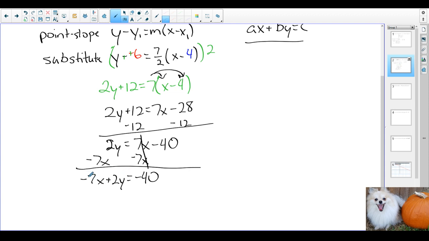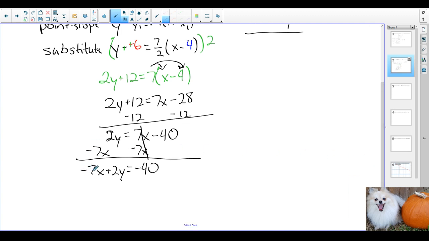Technically this isn't wrong, but math nerds will be like, a shouldn't be negative. So I'm going to multiply everything by negative 1 just to flip that sign. So I'm going to be left with positive 7x minus 2y equals positive 40.